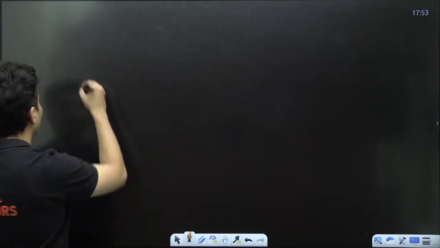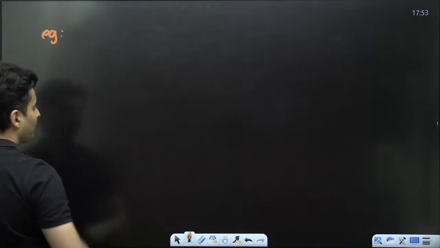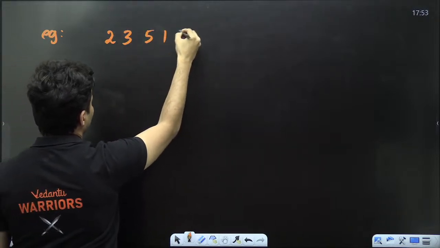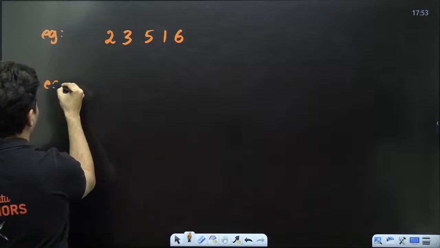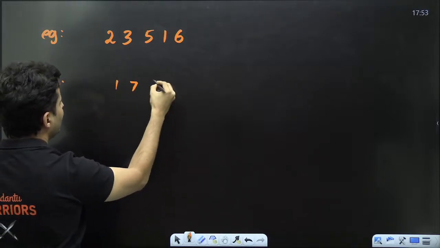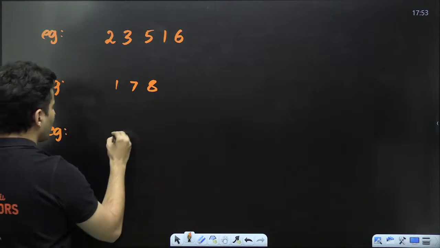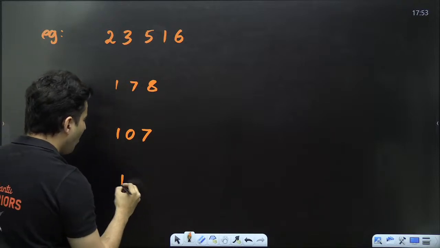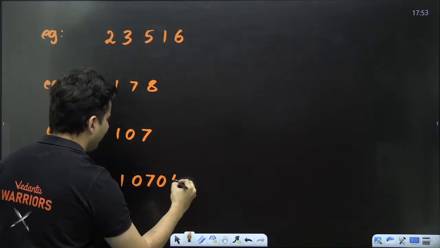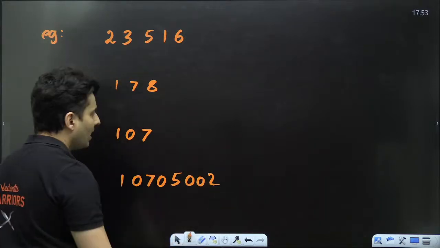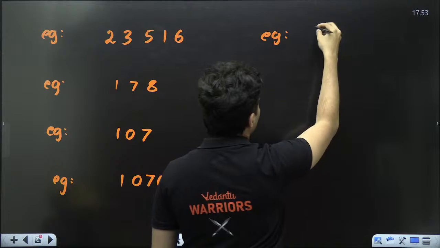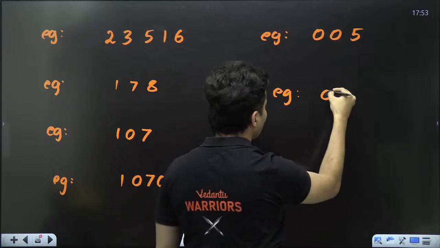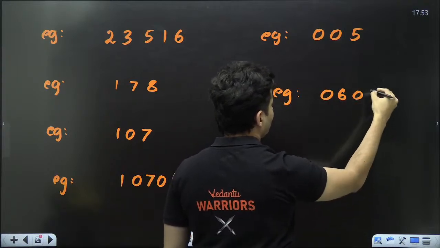Just to give you an example of the first rule, if I write my number as 23516, another number that I write is 178, another is 107, another is 1070502, another is 005, and another is 0607.